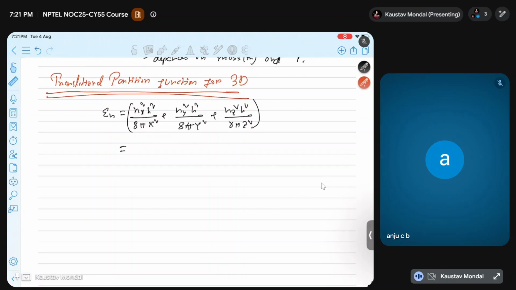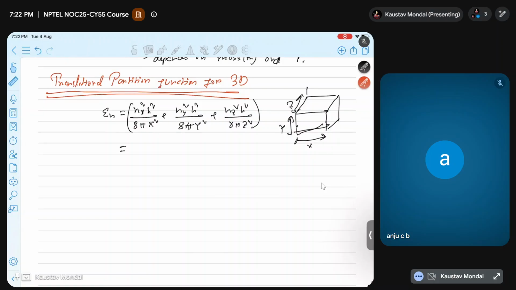So if the box looks like this, a 3D box, with x-axis, y-axis and z-axis, the length of each of the axes being x, y and z, in that case the discrete energy levels look like this, which is a known result from quantum mechanics.